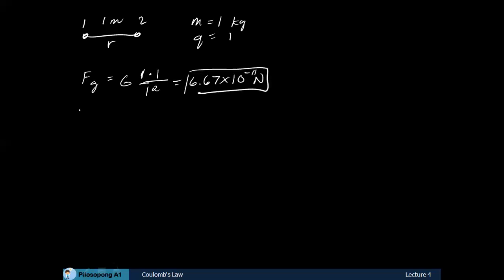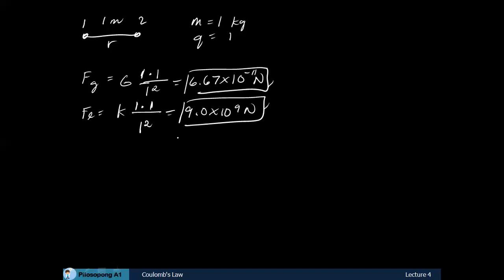How about in Coulomb's law? Fe is equal to K, that's a constant with a value of 9.0 times 10 raised to 9 newton meter squared per coulomb squared, multiplied by positive charge 1 and another positive 1 charge over the square of the distance, and we get 9.0 times 10 raised to 9 newtons.